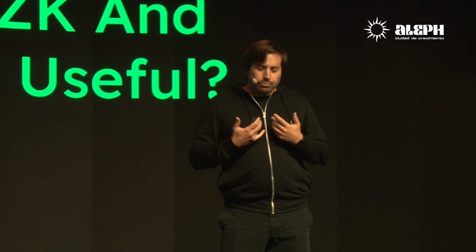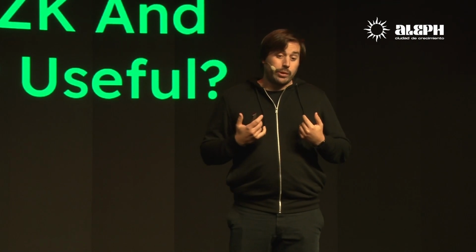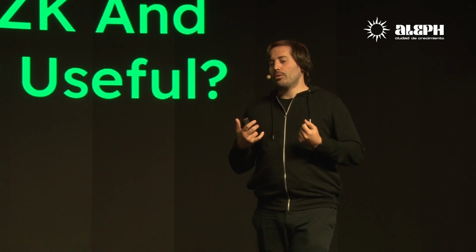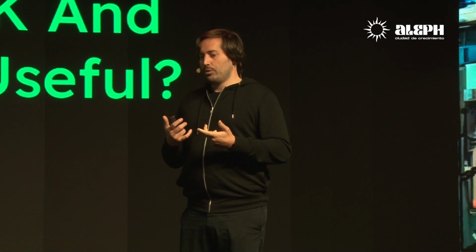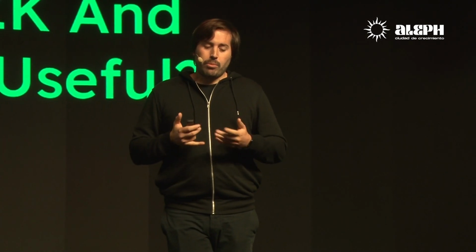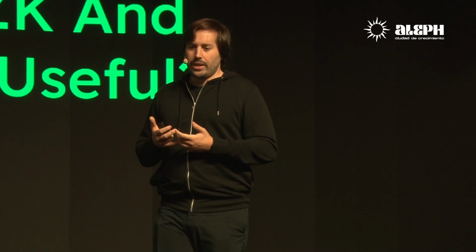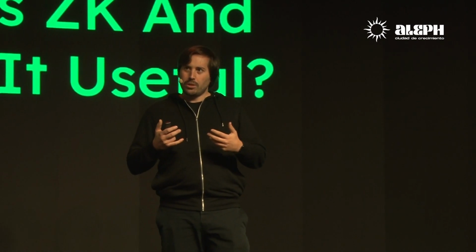And with these technologies, what we can do is, instead of checking the computation, check this short proof. This property that the proofs are short is what we call succinctness. So what we can do then is somehow generate these proofs.